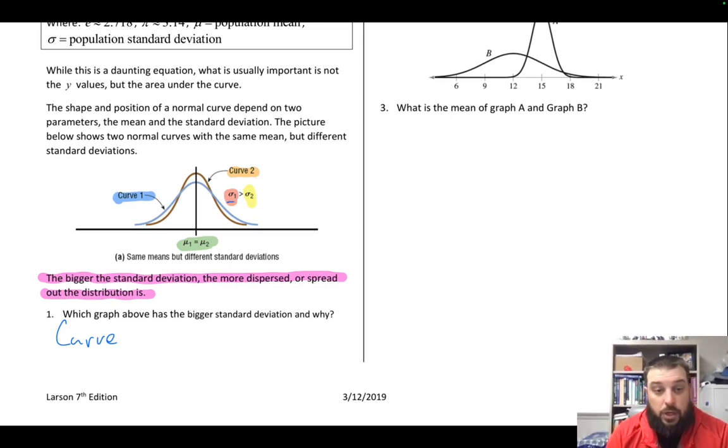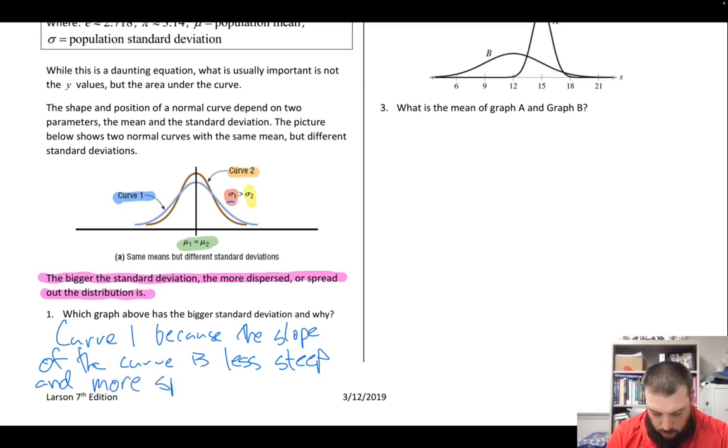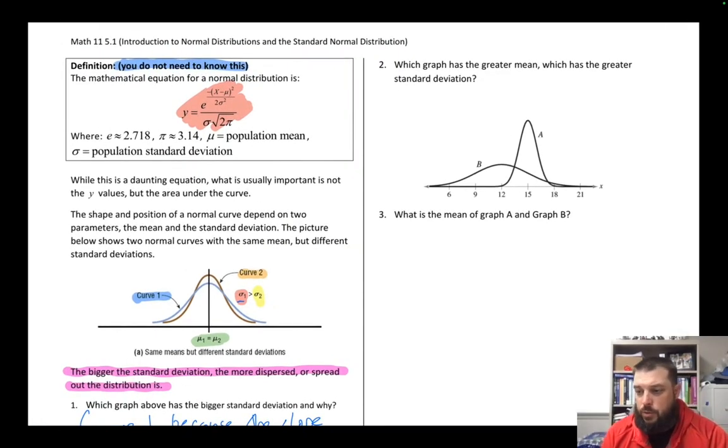But if we're just looking at the pictures themselves, we would say curve 1, because the slope of the curve is less steep and more spread.